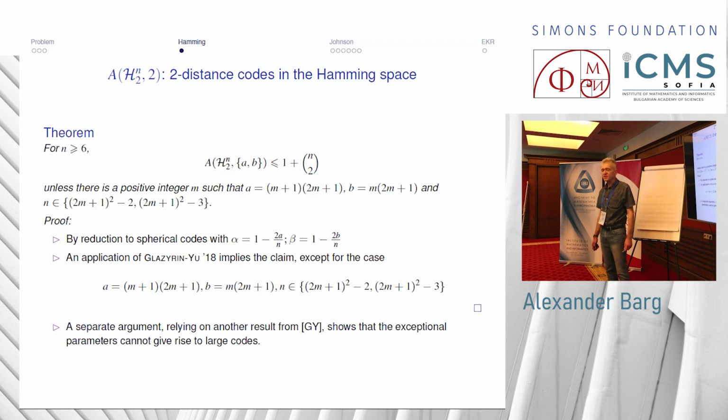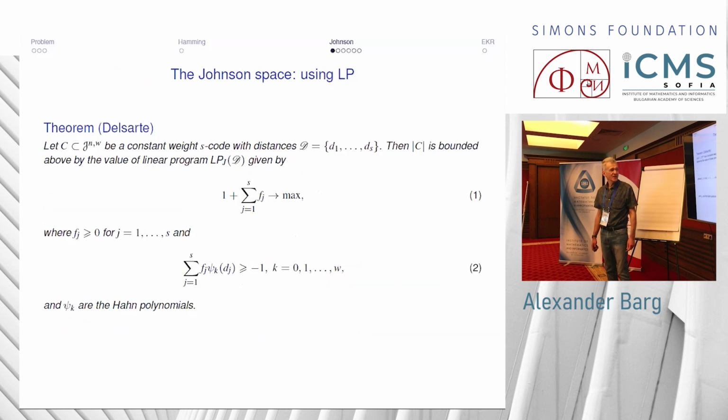Let's move to the Johnson space. Well, for the Johnson space, we rely on Delsarte. Again, we saw linear programming already in Ed's talk earlier today, and of course this is very familiar. So let C be a constant weight code. Constant weight means that every vector in the code has w ones, and s distinct distances.